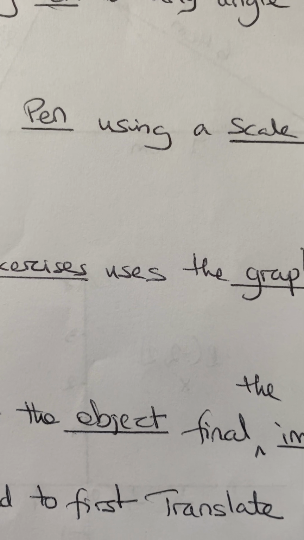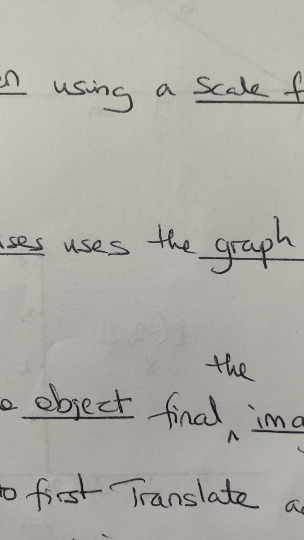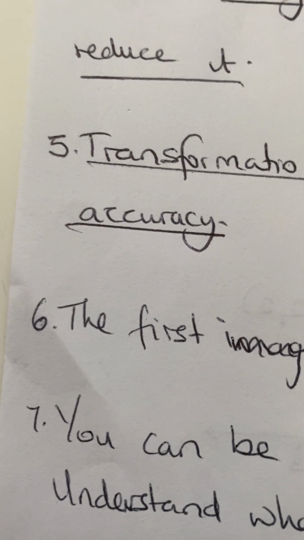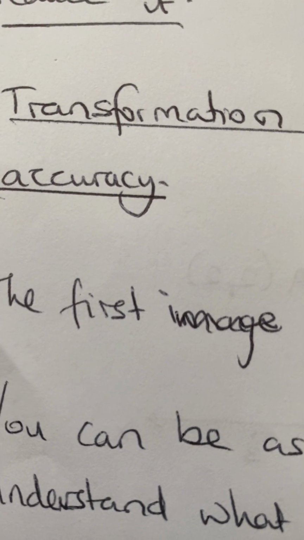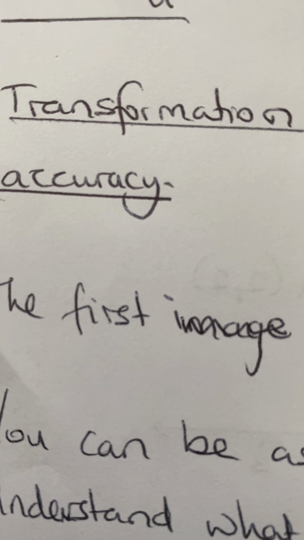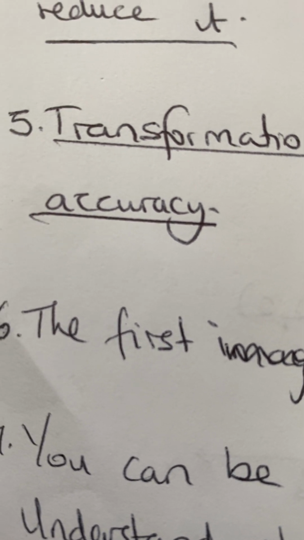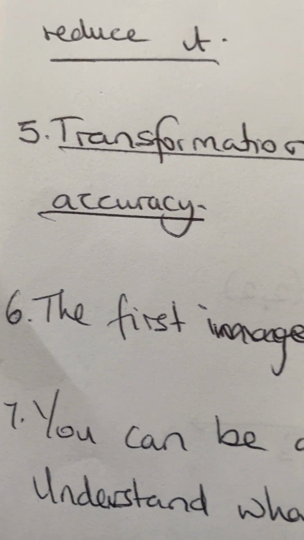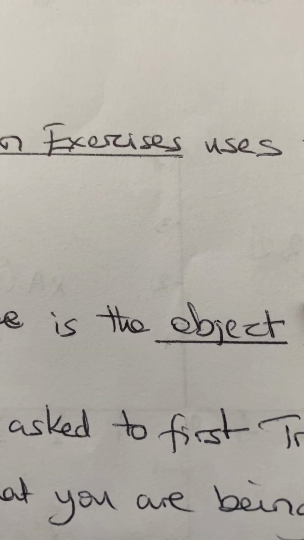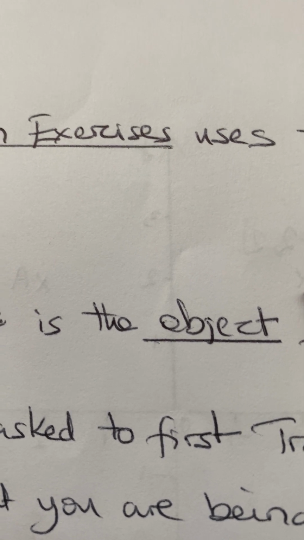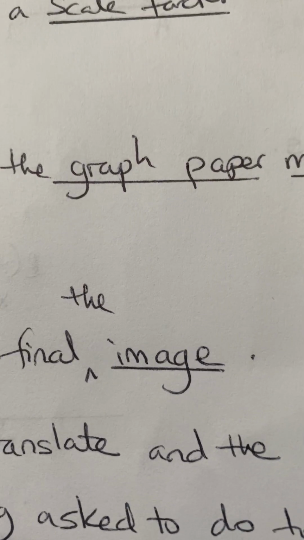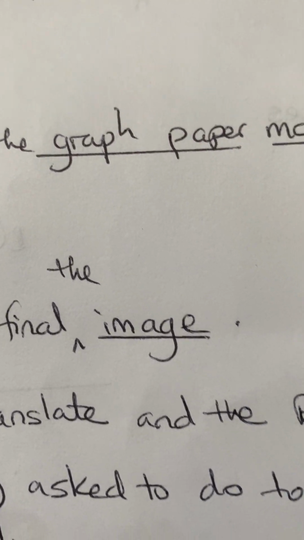We need a pen, we need a pencil, we need a ruler, and maybe in rotation we might need a protractor, but when we get there I'll show you. The first image you've been given is your object, and what you get after you've done your transformation becomes your image.